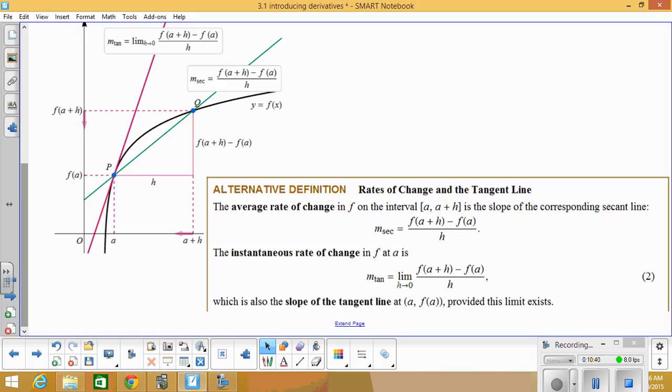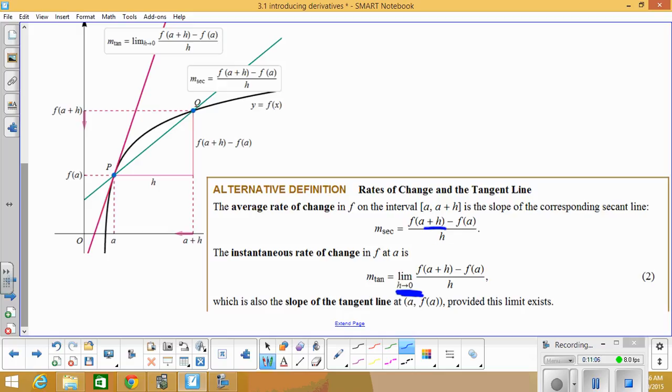But I can't take the difference of f of a and f of a. It would be 0 over 0. It would be silly. So I'm hoping this limit of where this h is going to approach 0 so that I can get as close to this value of a as possible. Remember, this is called the difference quotient. The only difference is we have this a plus h in here.